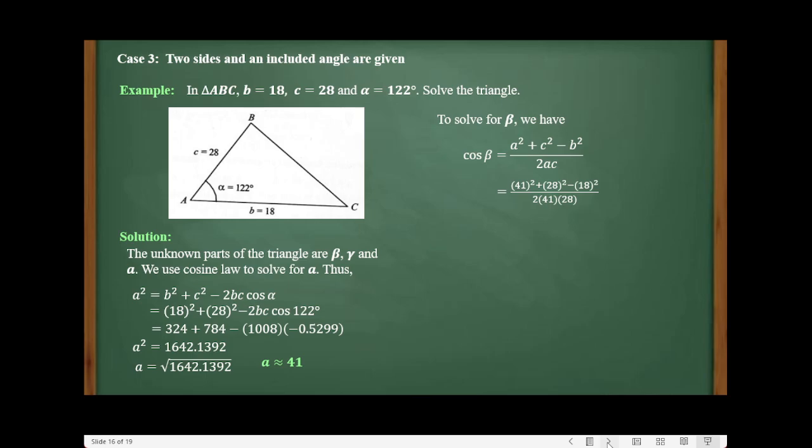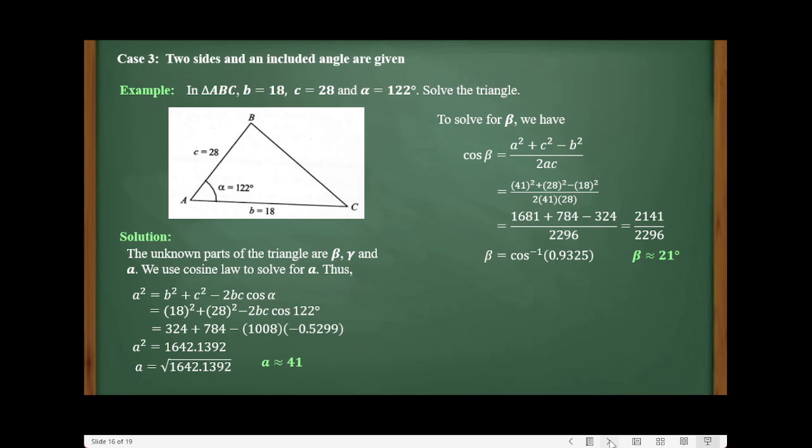Of course, you must use your scientific calculator to compute for the cosine of B, which is 0.9325. So our cosine of this value will give us what? 21 degrees. So your beta is approximately 21 degrees.